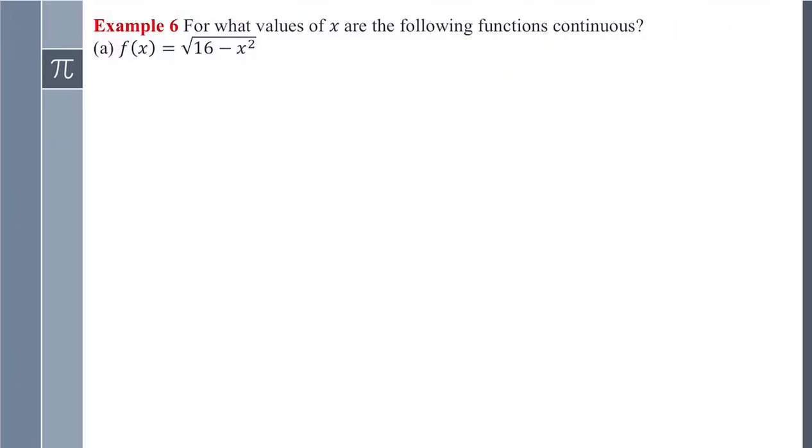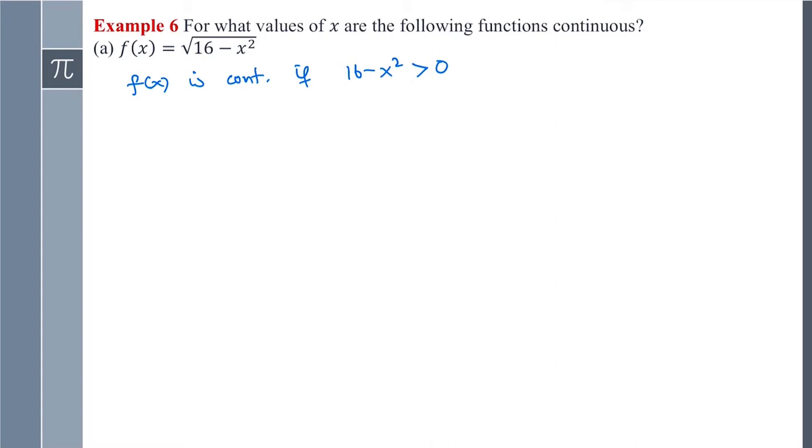Now again, this is a function under the square root. We have an even square root. So that means we are going to say that this function f of x is for sure continuous if 16 minus x squared is greater than 0.